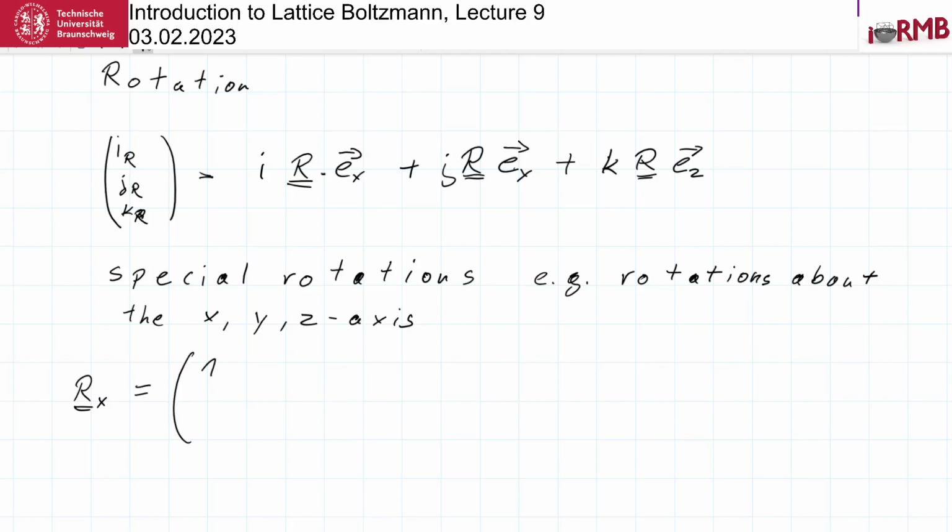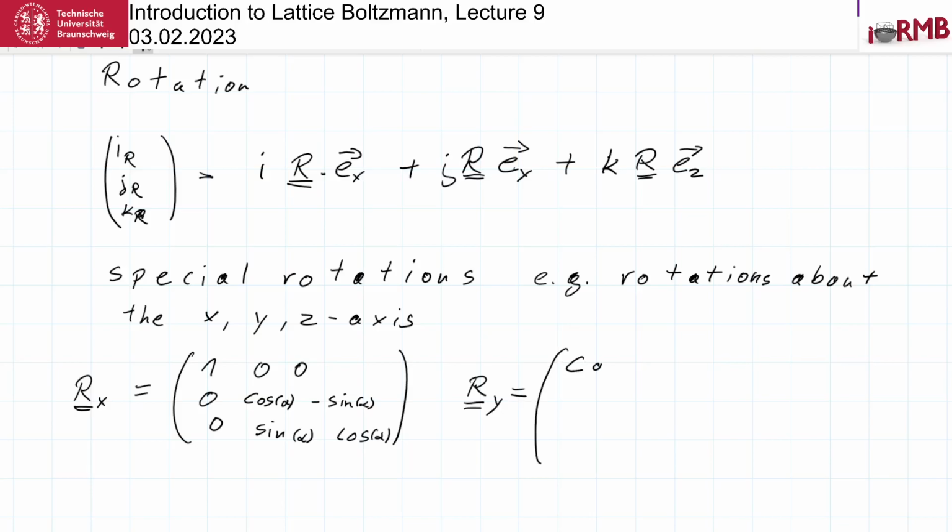So they just look like 1, 0, 0, 0, then cosine of the angle that we rotate, alpha, and here we have minus sine alpha, and 0, sine alpha, cosine alpha. And the rotation around the y-axis just distributes these things in a different way in our matrix.